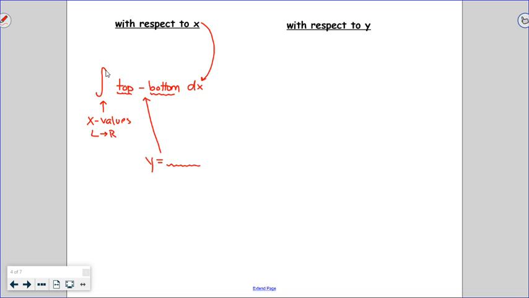If we then switch it to respect to y, moving up our y-axis as we total our area, our interval is going to be y values, which needs to go from bottom to top, or low to high, however you want to mark that for yourself, from our lowest value up to our highest value.